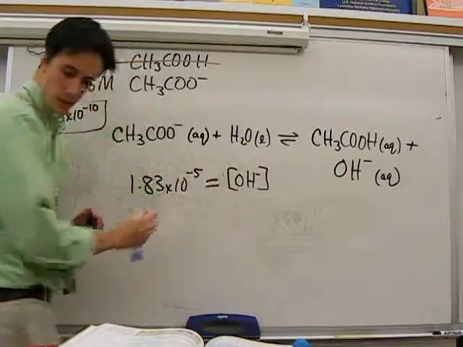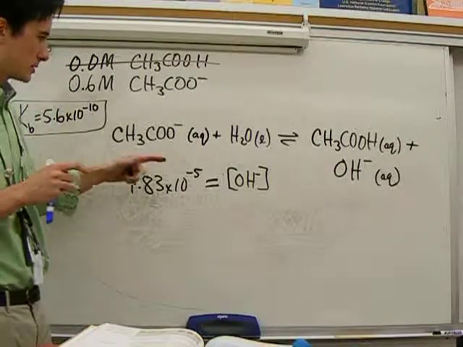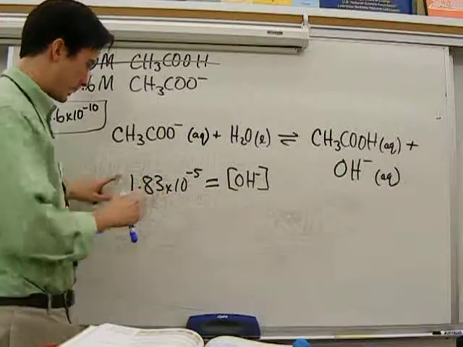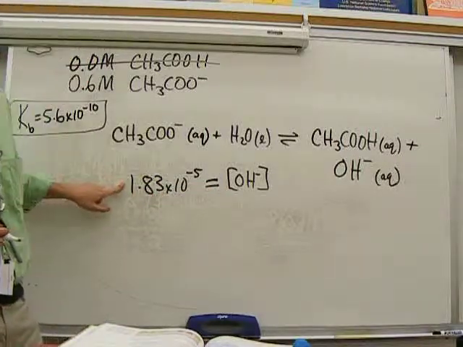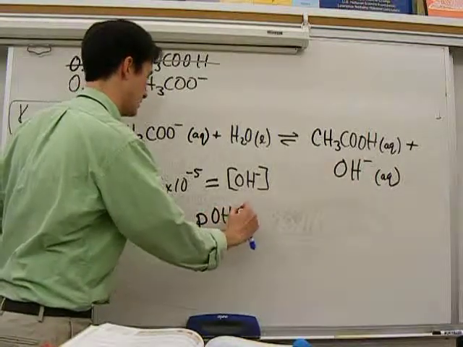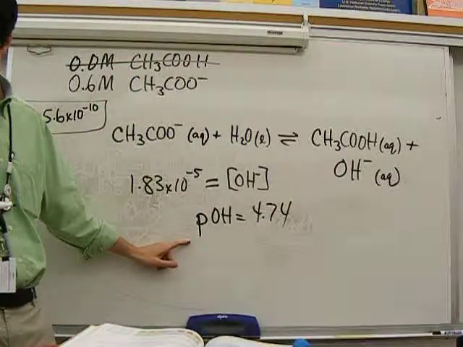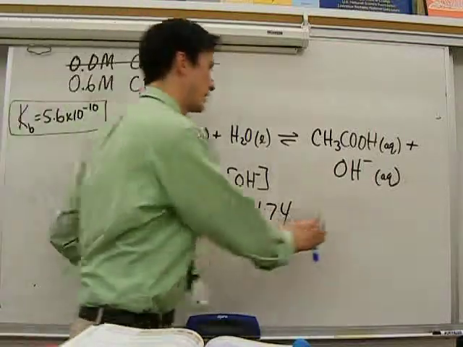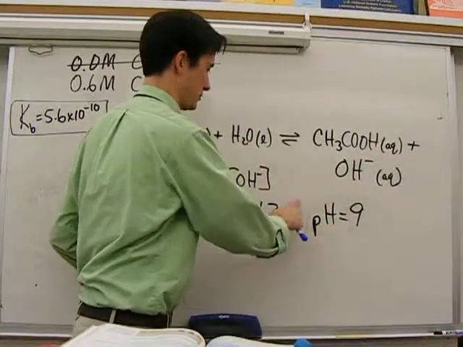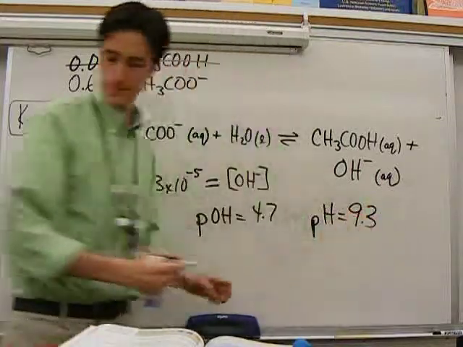1.83 times 10 to the negative 5. And so if we take the negative log of this, pOH equals 4.74, so pH equals, let's just round that, 9.3.